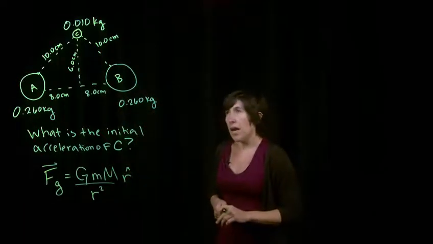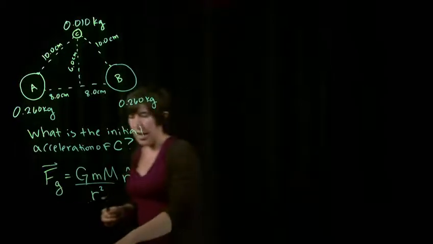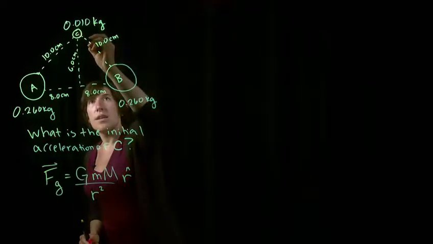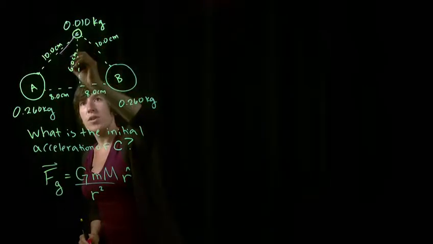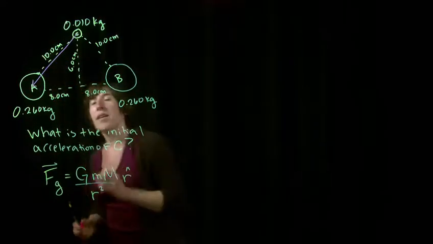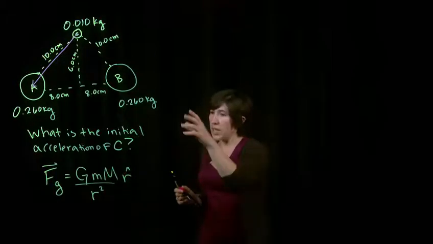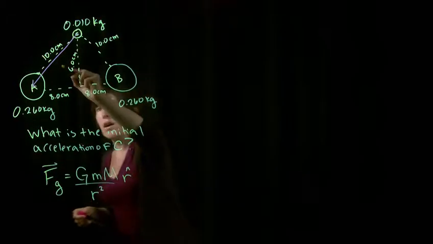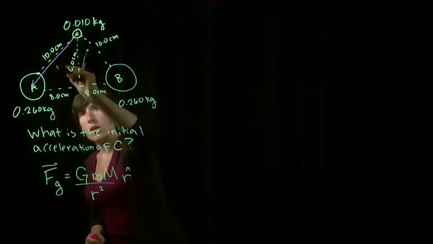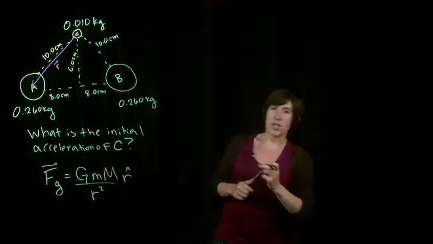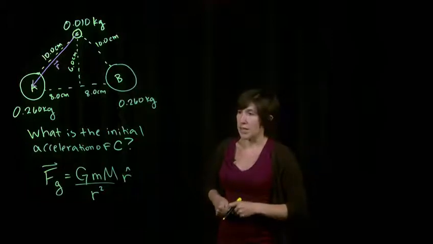And what I mean by the r hat direction is that if we start at C and draw a vector to A, this would be r, and the force of gravity between these two objects is along the direction of the vector connecting the two objects.